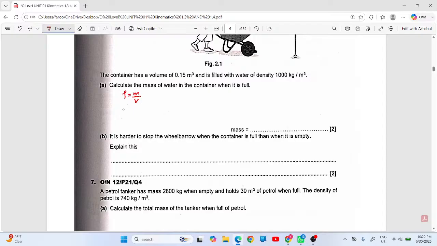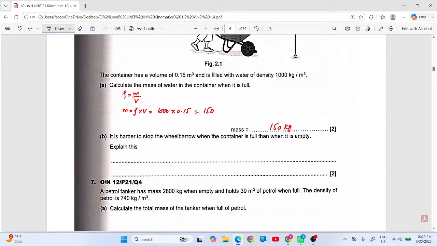So mass equals density multiplied by volume. Density is already given. Multiply by 0.15. So the answer is 150 kg.